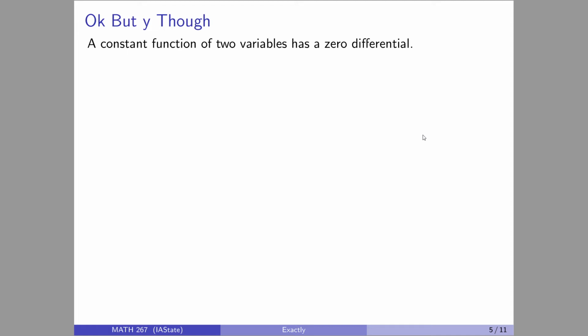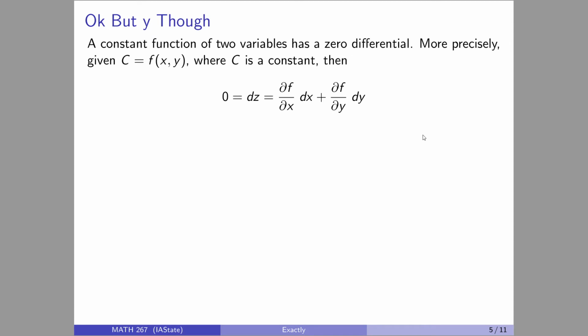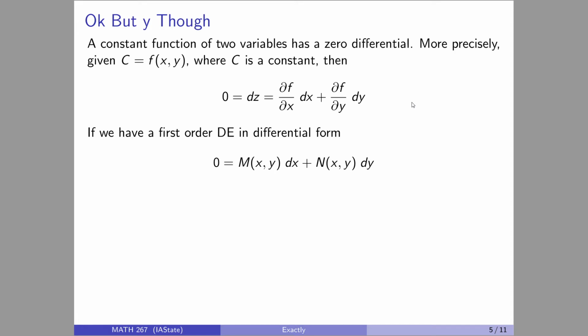Right? It's constant, so no rate of change. More precisely, if you've got f of x, y, a function of two variables equaling a constant c, then its differential is equal to 0. And, oh, hey, doesn't that look exactly like the differential form of a first-order differential equation?